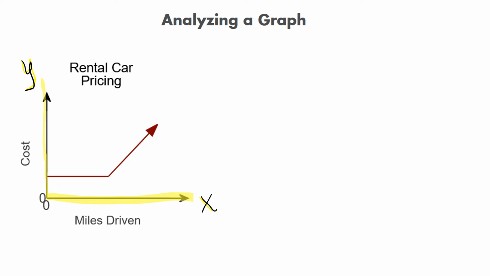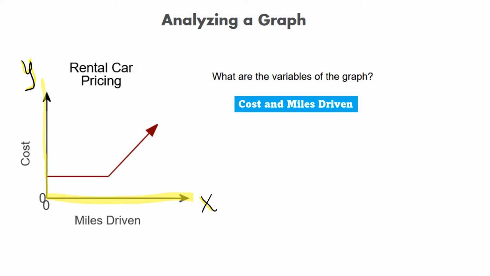Okay, if you were to explain this a little further to someone, you might want to tell them, well, what are the variables of the graph? Well, we already know that we had the cost and the miles driven. Well, what exactly does this all mean? What is the relationship that's going on between the variables at various points on the graph?